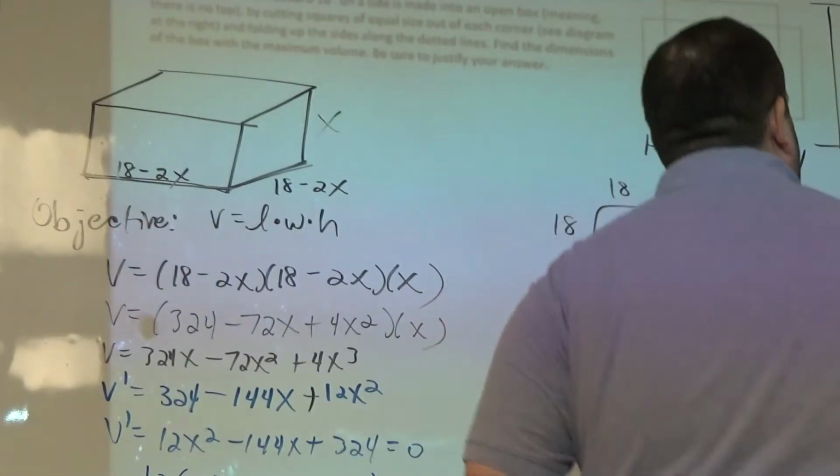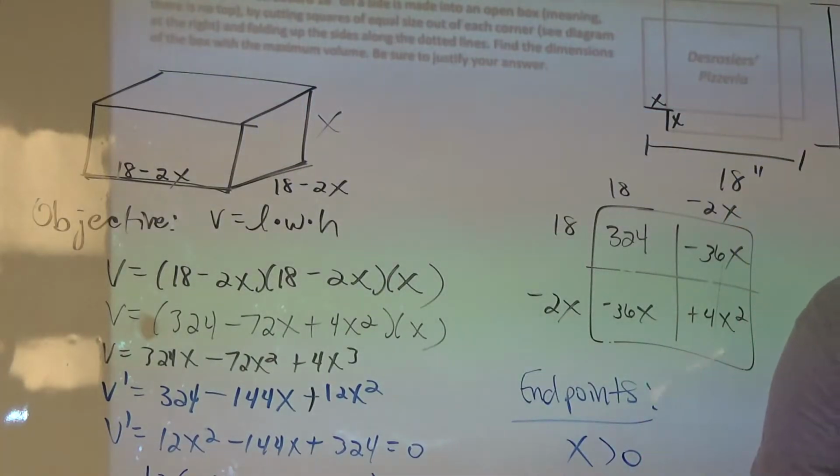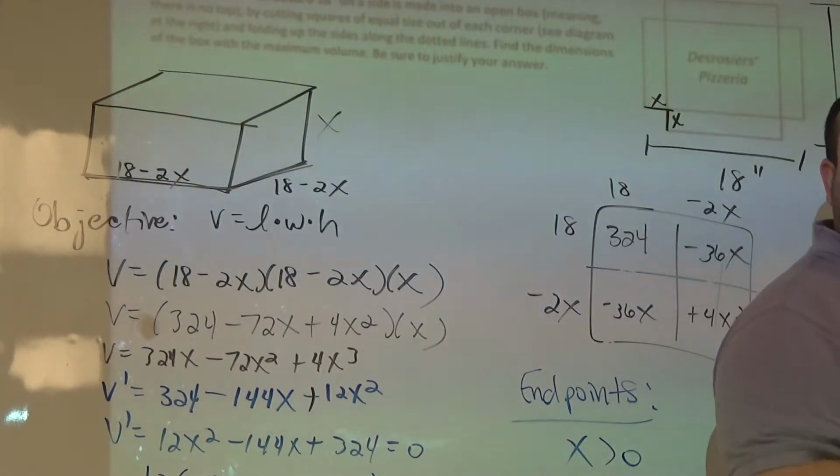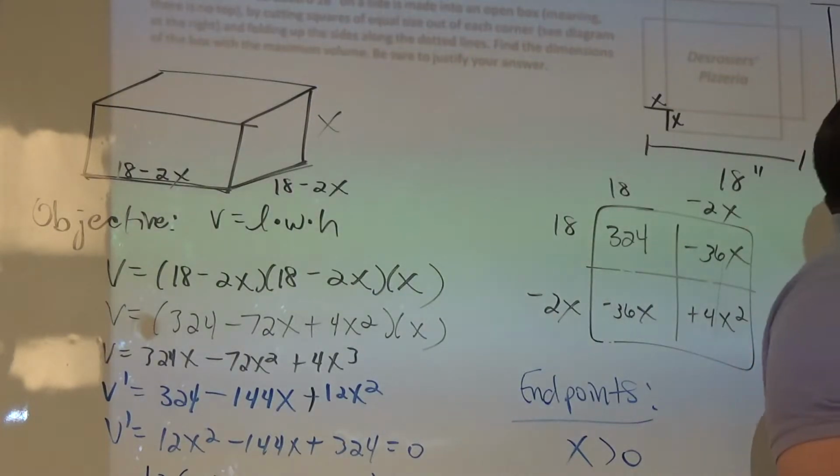But here's the thing. I need to hear two things. At x equals 3, what do we know about v prime? It's equal to 0. That's how the second derivative test starts. You have a horizontal tangent line, and there's a second thing. V double prime is less than 0, negative.